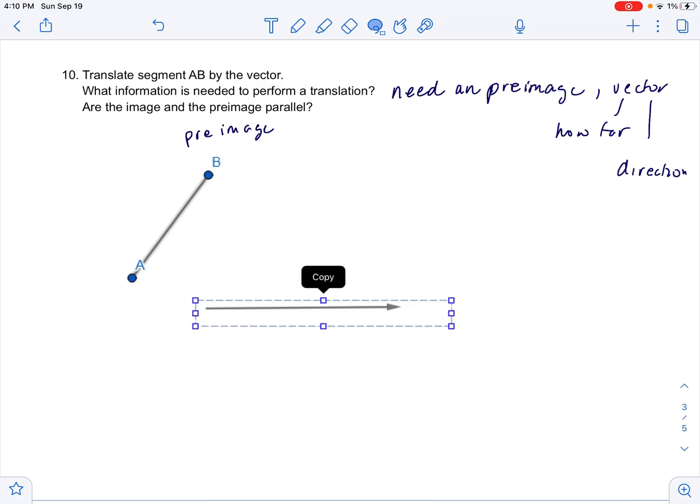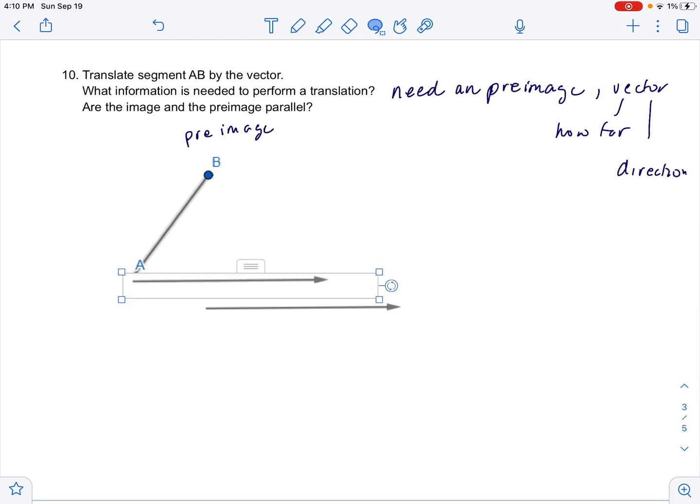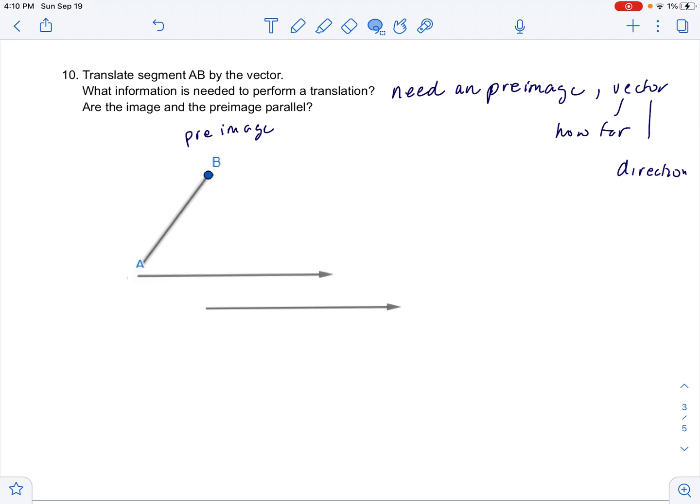So if I take this vector and copy it and paste it, this tells me that I'm going to move point A, which is right here, I'm going to move it here to A prime. And then I'll paste the image again.